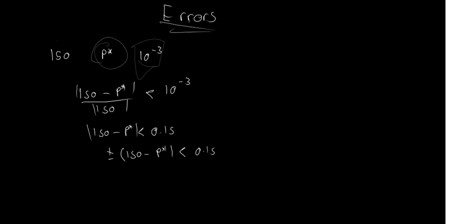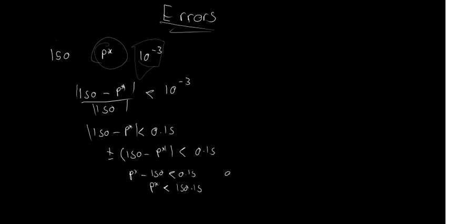Now we're just going to find the possible values of p*, which is plus or minus. There are two possible values here. One is, if we multiply throughout by negative, we have p* minus 150 less than 0.15, so p* should be less than 150.15.